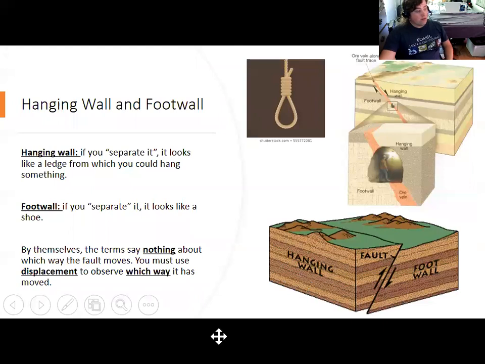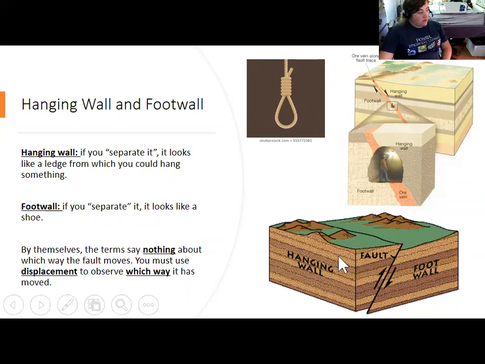The hanging wall and the footwall are terms that we do not really use for strike slip faults because, again, that movement just occurs horizontally. Dip slip faults are going to be at an angle usually. They're usually very steep for faults that involve dropping, and a bit less steep for faults that involve compression and rising.